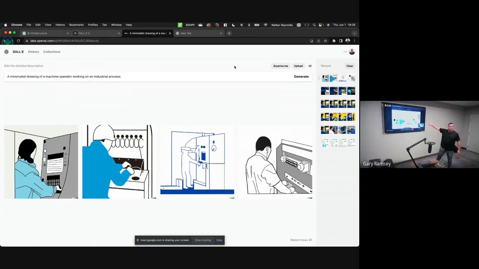Do you know what this is? Everybody familiar with Dolly? This is an offshoot of ChatGPT. Dolly is at the very beginning, but I gave Dolly the prompt: give me a minimalist drawing of a machine operator working on an industrial process. Dolly gave me those 4 options.